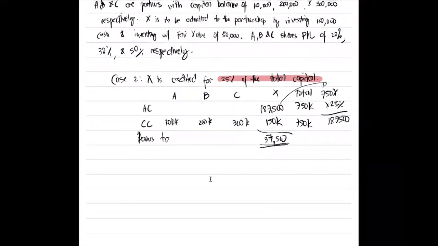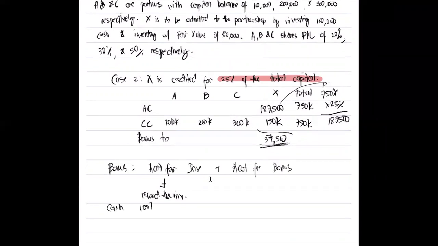So, how do we account for your bonus? Sabi kasi natin kanina, di ba? If ever that is bonus, what do we do? We account for investment plus we account for bonus. Okay, so how do we account for your investment? So just record the investment. We debit cash, 100,000.